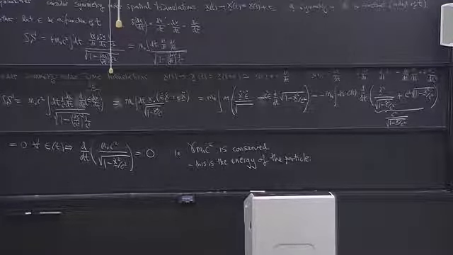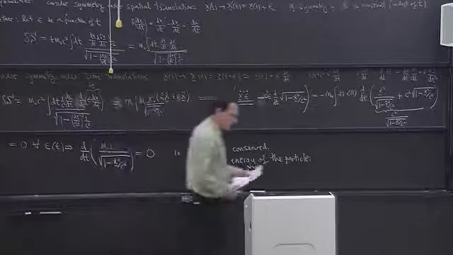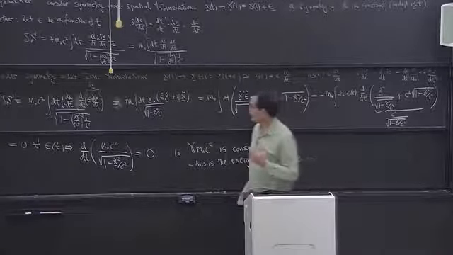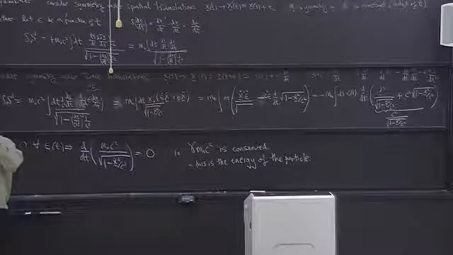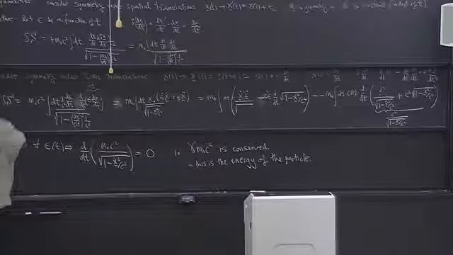Is there any way to rewrite the action in a manifestly covariant form so that you can derive the energy momentum four-vector in one go? Yeah, there's a subtlety, which is that when you talk about Noether's theorem, it involves time. The action is a time integral. You've got to choose a time.